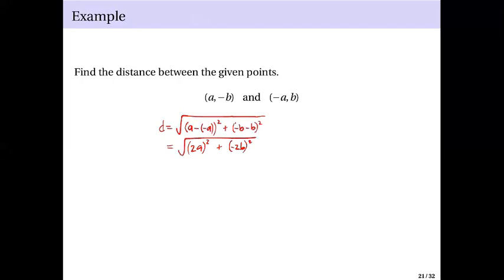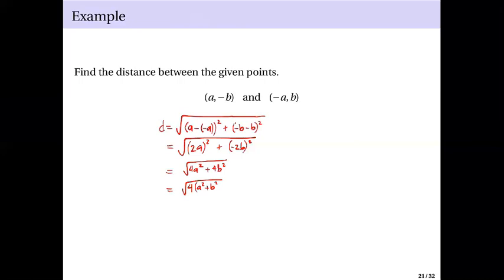And you take the square root of this. So if we simplify this, we'll just have 4a squared plus 4b squared. You take the square root. You can factor out 4. So you will have 4 times a squared plus b squared, and again take the square root.